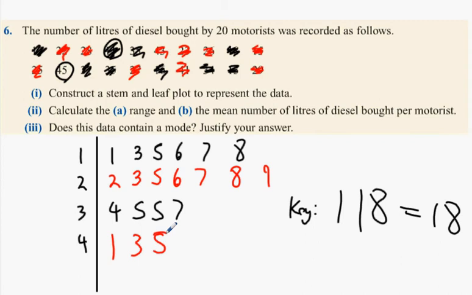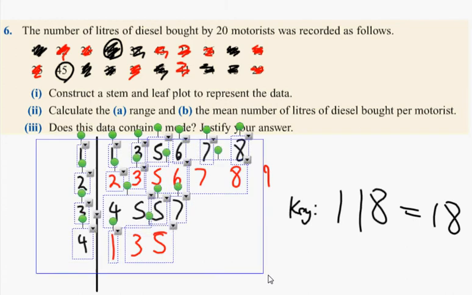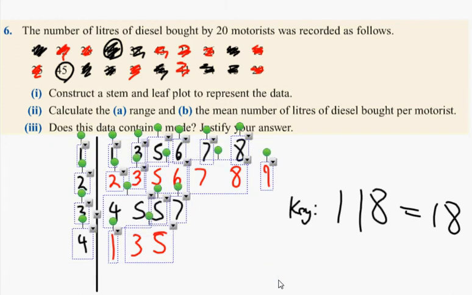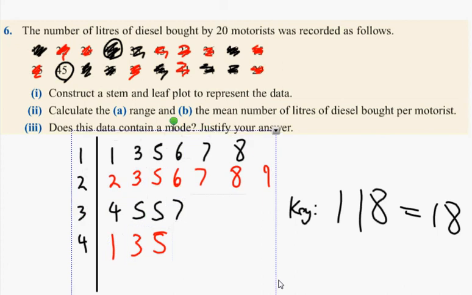Now, do you see that? I could argue, what does it tell you? It tells you how much each one has, doesn't it? How many numbers are there in the tens?